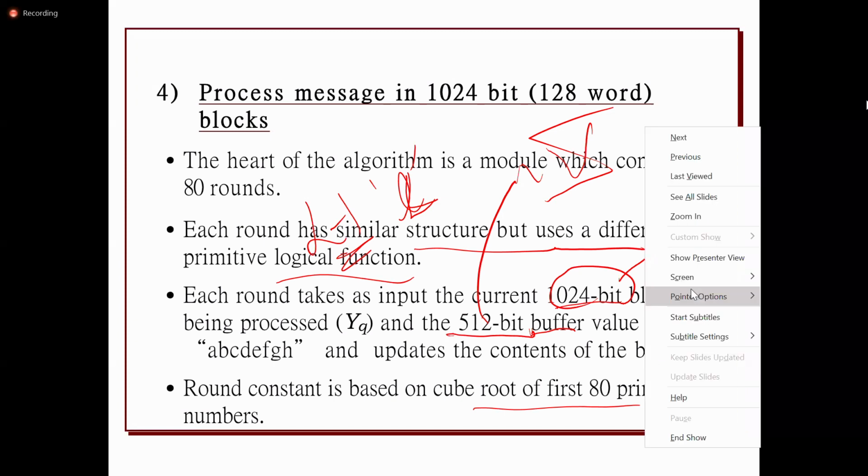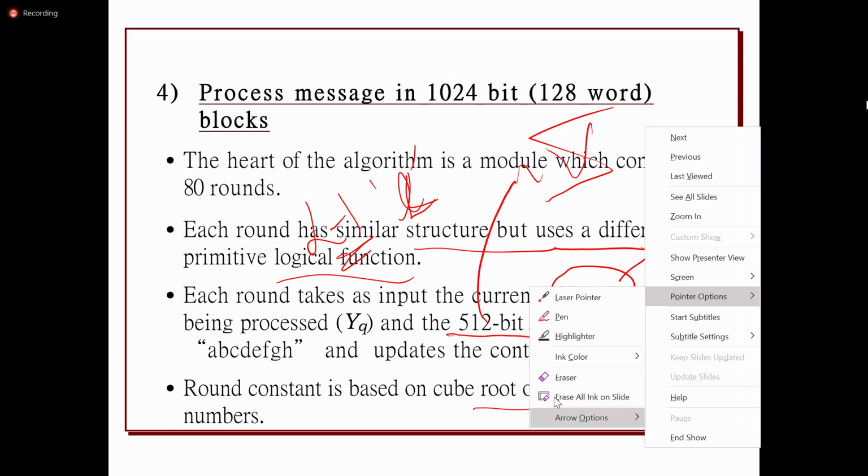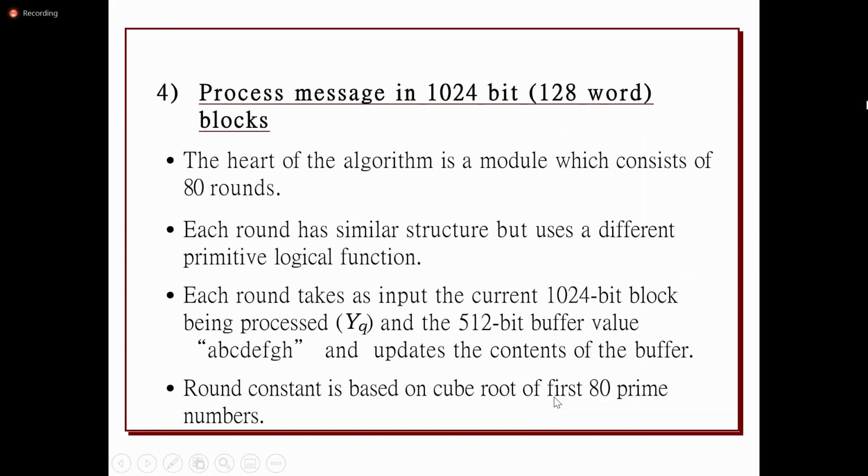So there are 80 rounds, and among the 80 rounds, every round, apart from the input values, that is the plain text as well as the initial value in the buffer, is going to use some constant. That constant value is the cube root of the first 80 prime numbers.